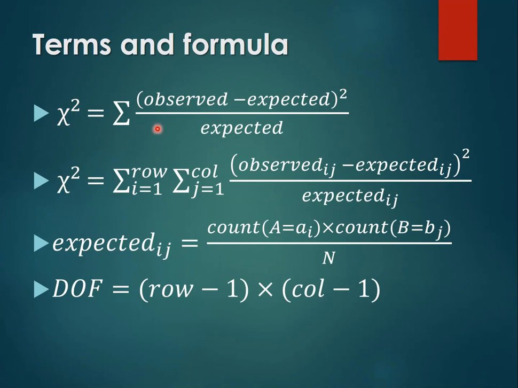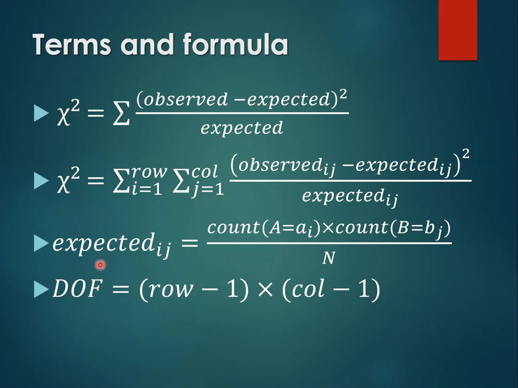Okay. So if we expand this formula, we can expand this observed minus expected to be the summation for each of the rows, and then we go to each of the columns. Why do we do this? Because normally the values will be in rows and columns. So we go through each row and for each column.